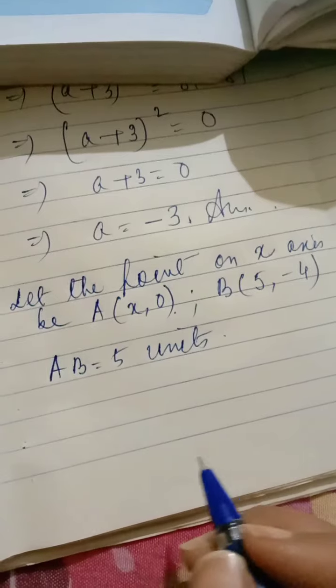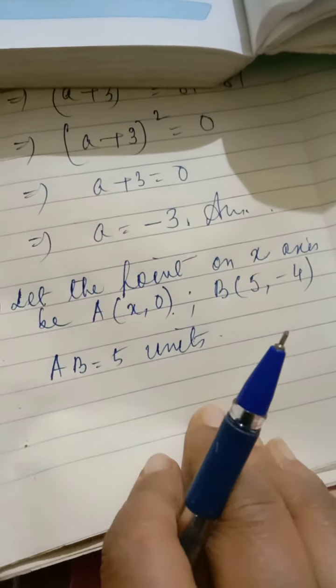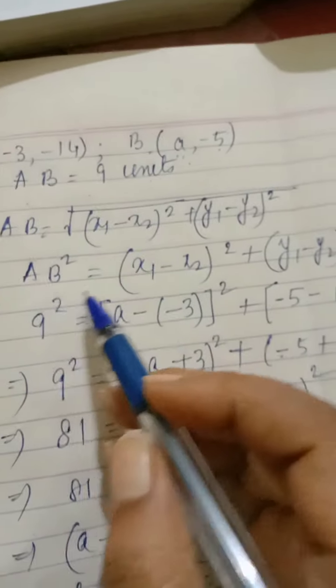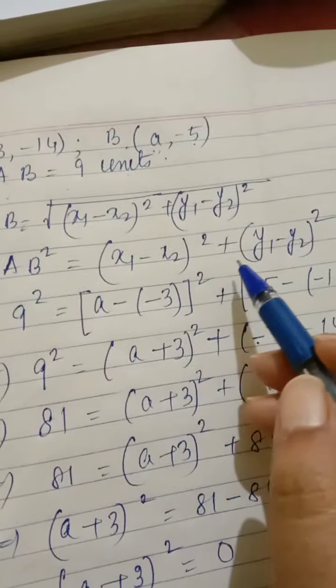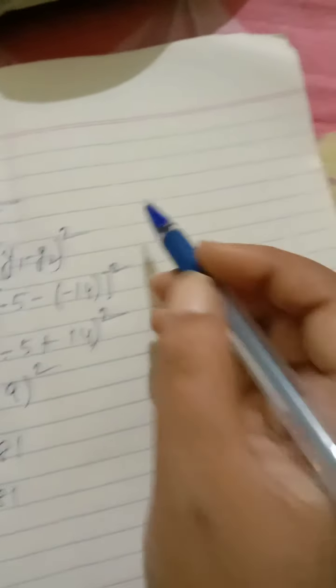So we can use the distance formula directly. AB square equals (x1 minus x2) whole square plus (y1 minus y2) whole square.